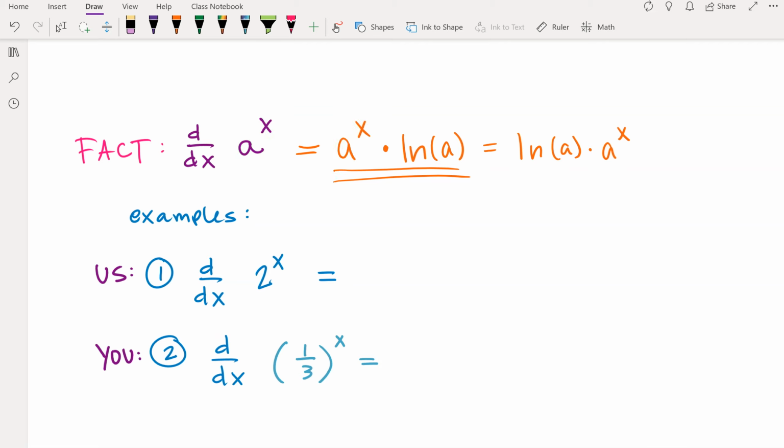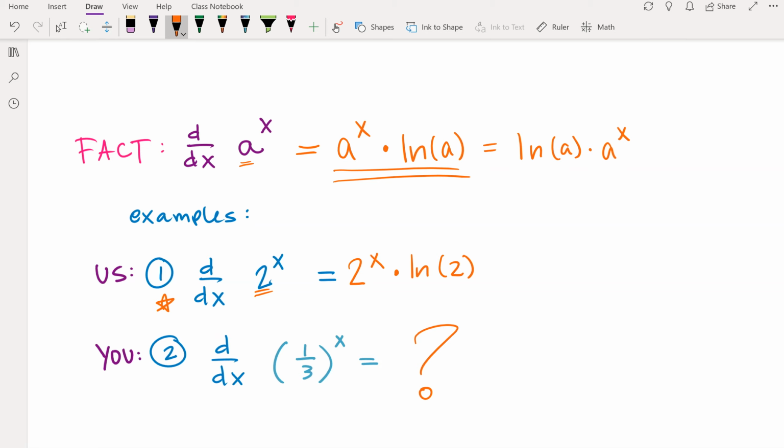Okay, so now let's go on to the example for this. So for example, the derivative with respect to x of 2 to the x would be, copy the 2 to the x, a is 2 here, right? A is 2, and then times natural log of 2. Sweet. I want you to do this one.